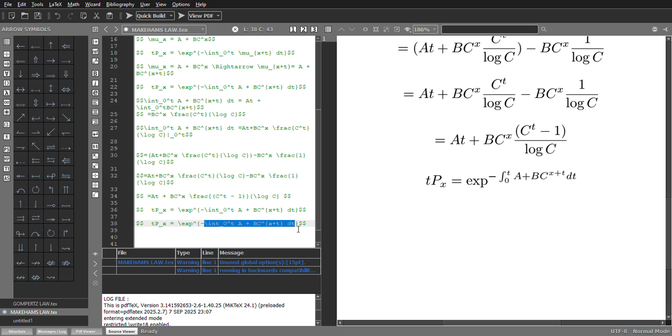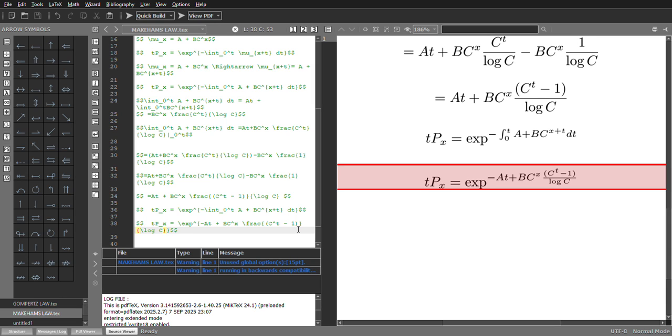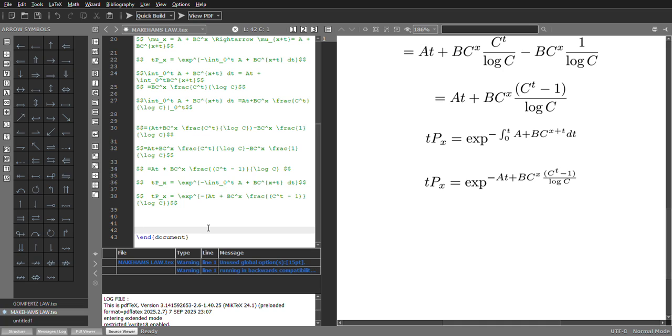Let's see what it brings. Yeah, true. Now we've done it correctly. This negative is outside. We've not opened the bracket. The negative is outside.